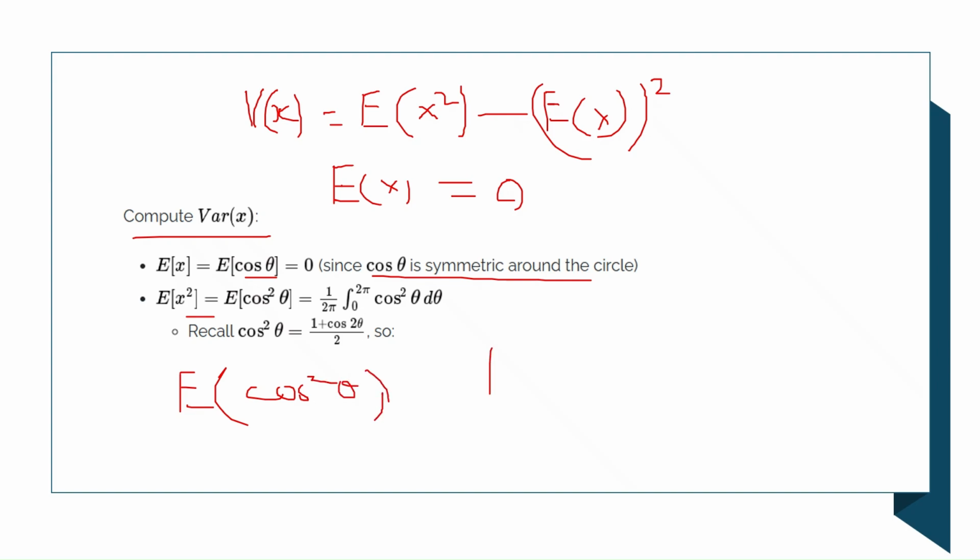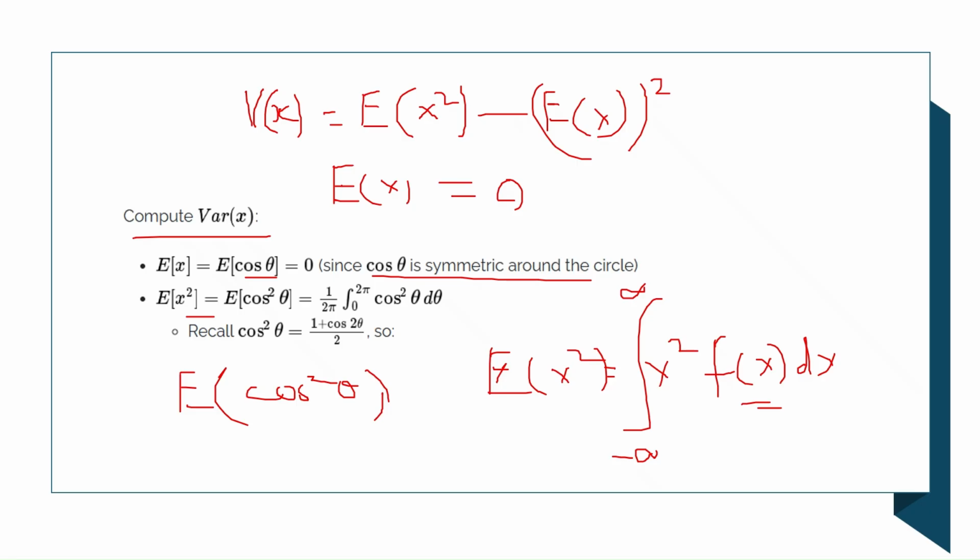Now we know that expected value of x square is the integral of x square f of x dx from negative infinity to infinity. Now, what is f of x here? F of x is our distribution function. In this case, we just saw that the distribution of theta is uniform. So what does f of x become for this case?